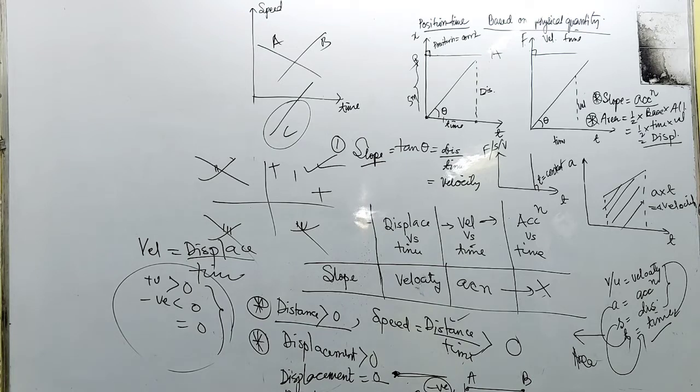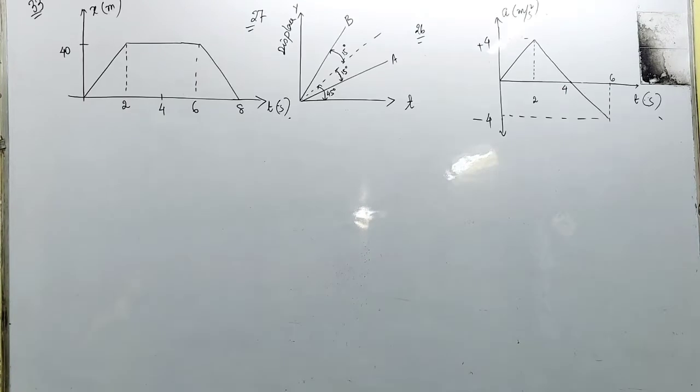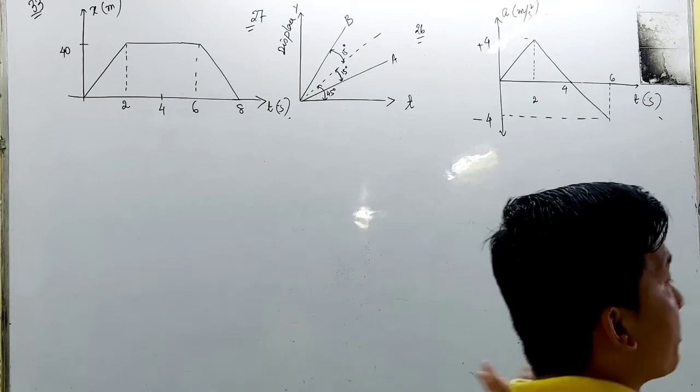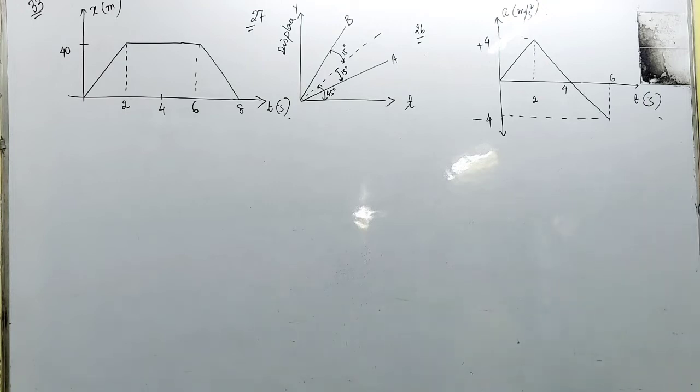In this question number 26, 27 and question number 33, we have three different graphs. First one, the acceleration time graph is given, second the displacement time graph, and third we have a displacement time graph.